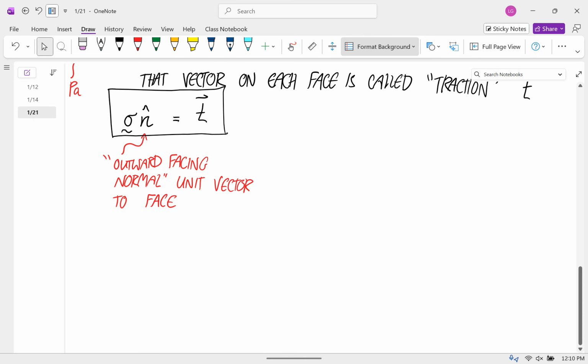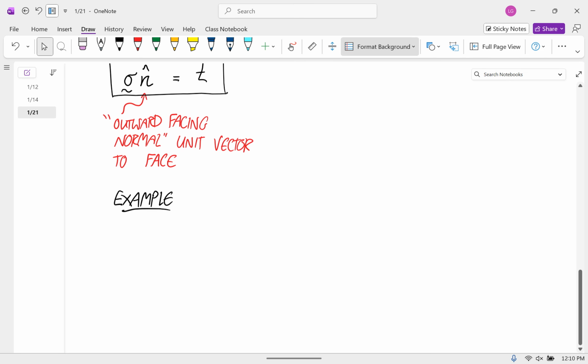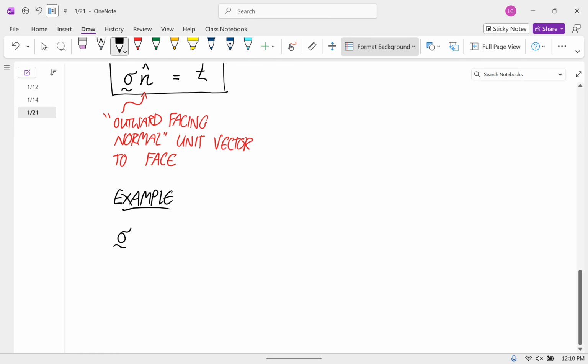Okay, so let's see how that works. So let's say we have a stress tensor that's equal to 4, 0, 1, 0, negative 5, 2, and then you have to have the symmetry. So 1, 2, 7. Say this is megapascals.